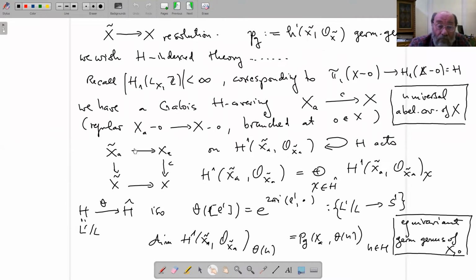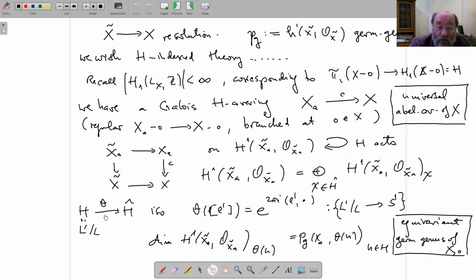And now we can repeat, at the level of the universal abelian covering, the definition of p_g. So here it's H1 of the structure sheaf of X tilde of the universal abelian covering, with the H action. H is a finite abelian group, so this has an eigenspace decomposition corresponding to the characters of H. H hat is the Pontryagin dual.